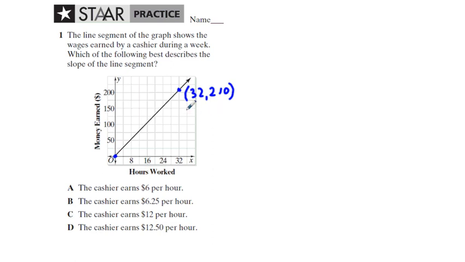Okay, so what we have is a relationship between hours worked and money earned. Just writing out what that looks like here, X, Y: at 0 hours, we have 0 money earned. And that's another thing, money is usually dependent and time independent. And then we have 32, comma, 210.